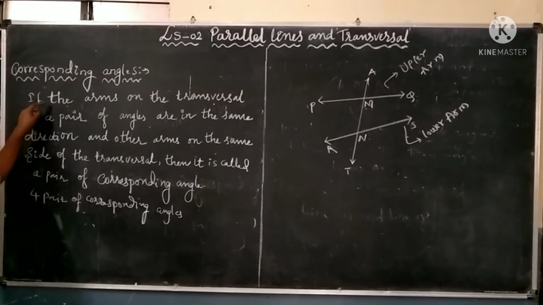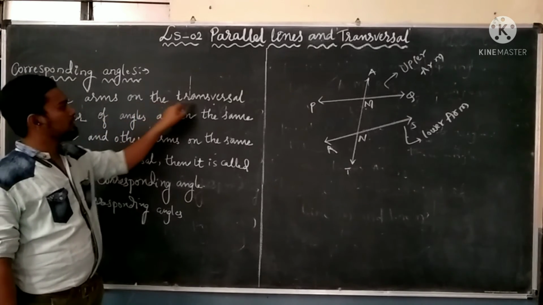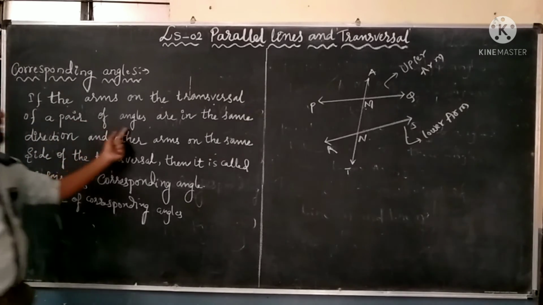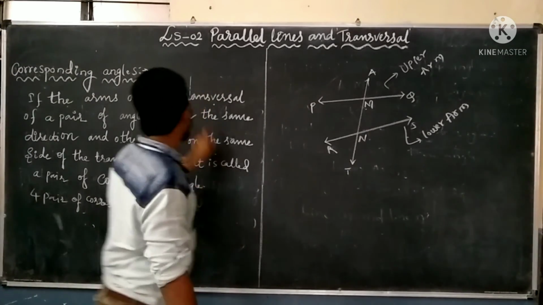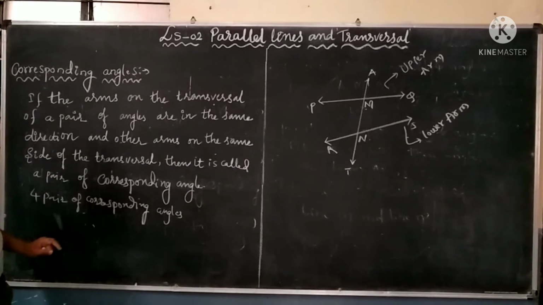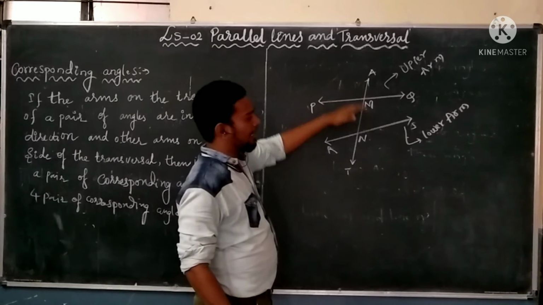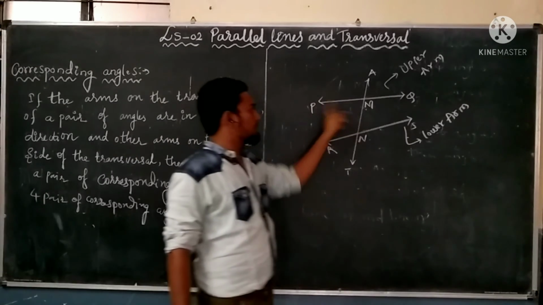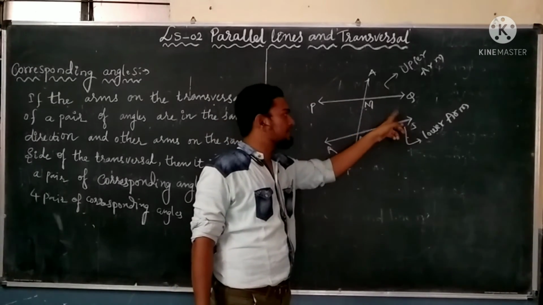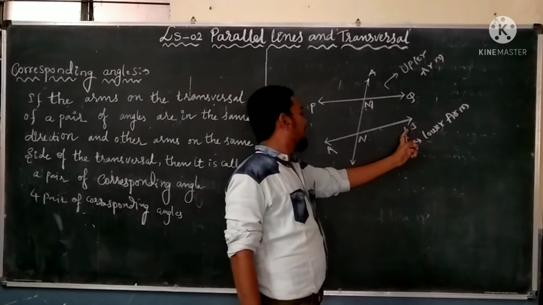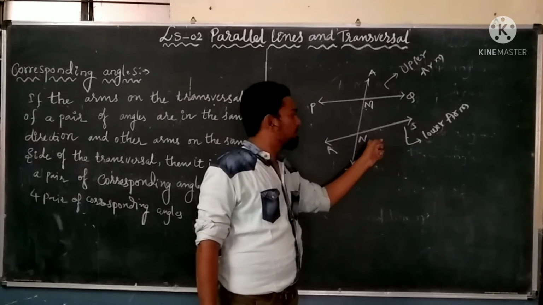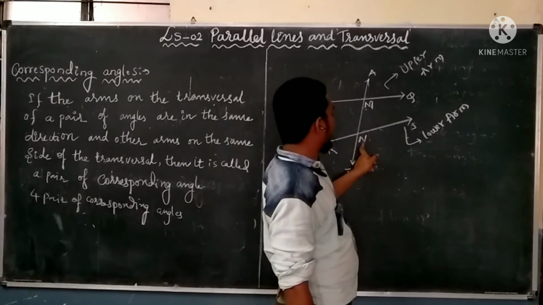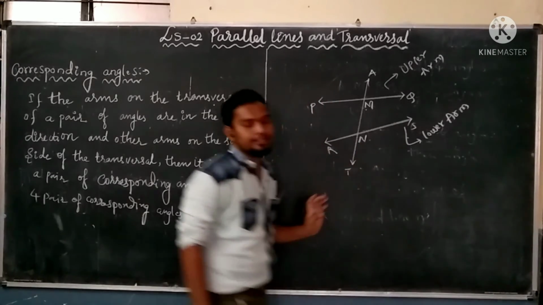Corresponding angles. Here, if the arms on the transversal of a pair of angles are in the same direction, that means this is the upper arm and this one is lower arm. In upper arm, M is the midpoint of PQ, and in lower arm, the midpoint is N, in the line RS.